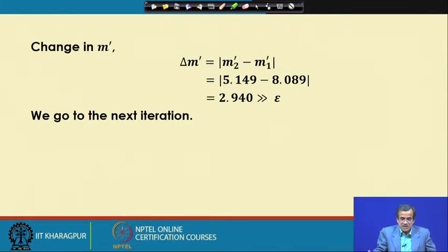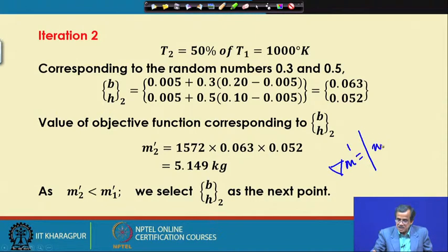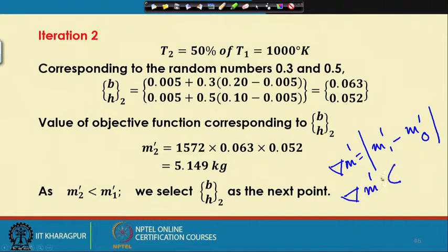We will have to find out the change in m prime, the mod value, that is m1 prime minus m0 prime, and if this value is found to be less than epsilon, that means it is a very small value, then we say it has reached the termination criteria. Otherwise, we proceed to the next iteration.